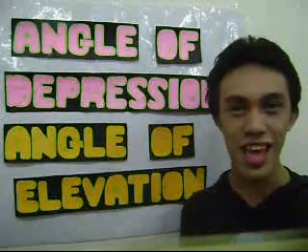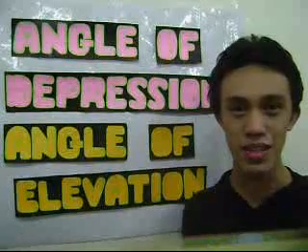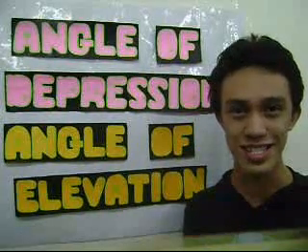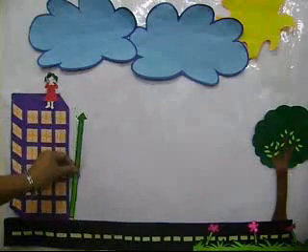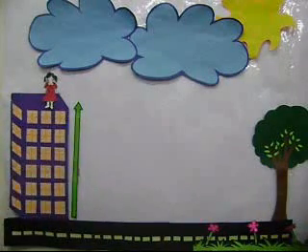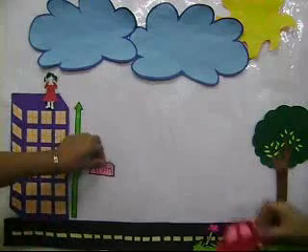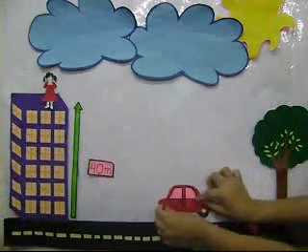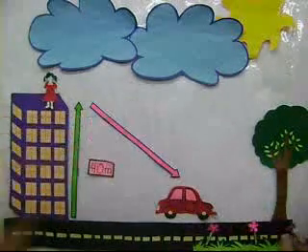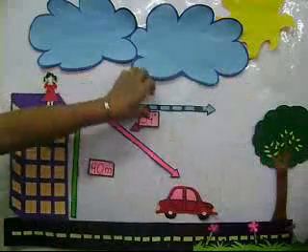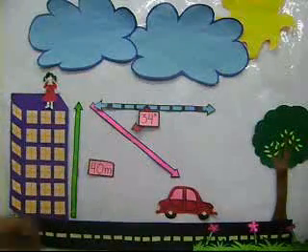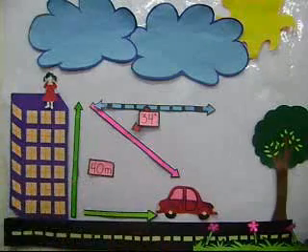Did you know that the angle of elevation is congruent to the angle of depression? A woman from the rooftop of a building that is 40 meters high observed that the angle of depression of the car from the building is 34 degrees. Calculate the distance of the car from the building.